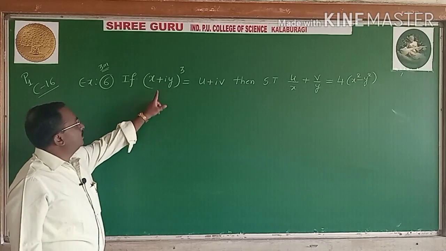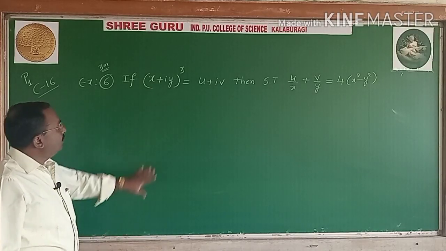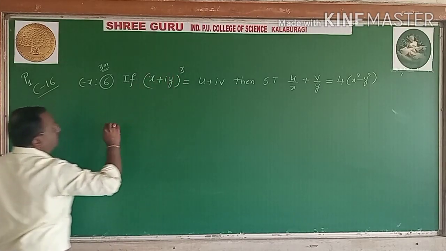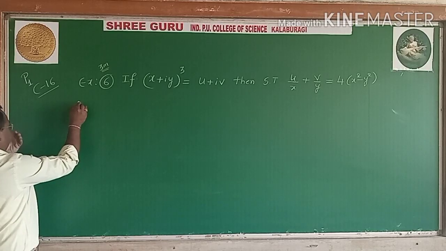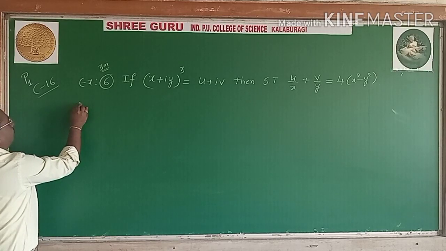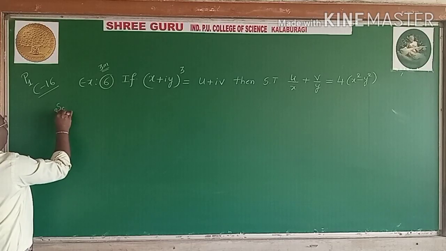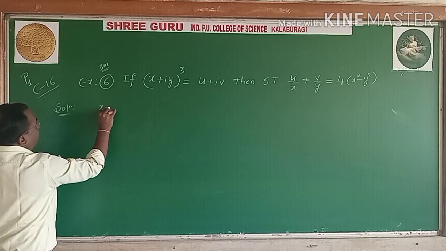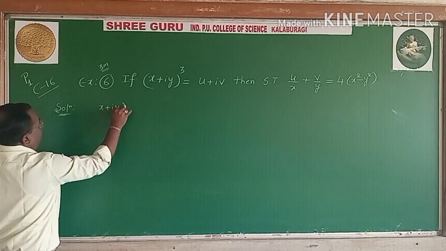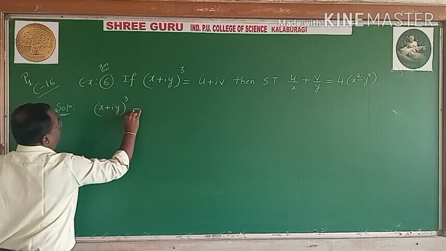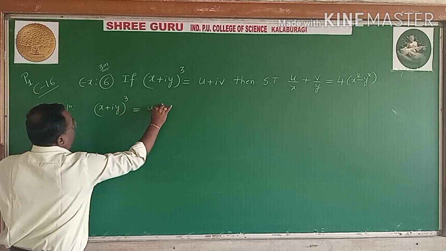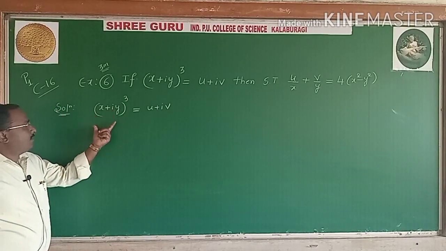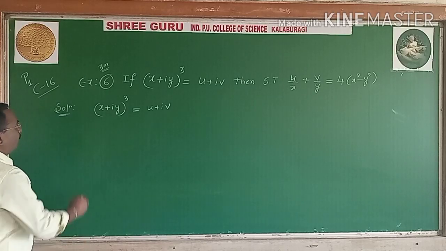Here this is the LHS. Keep in your mind, we know the formula: (x + iy)^3 = u + iv. This is in the form of (a + b)^3.